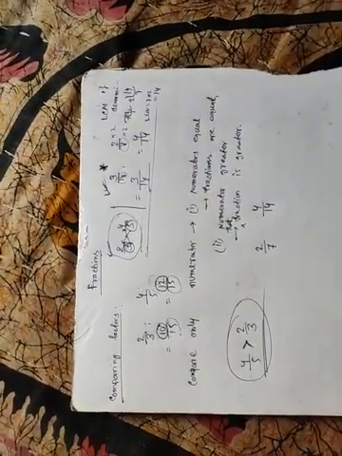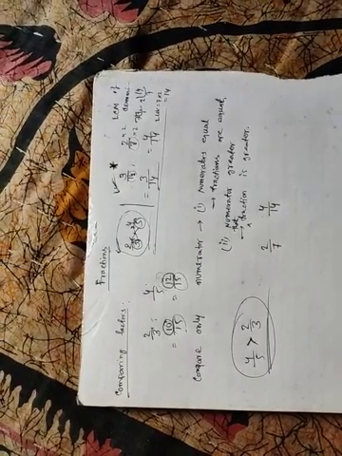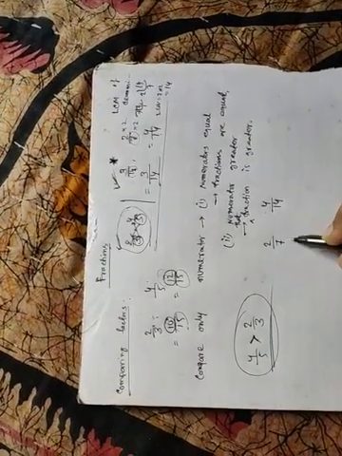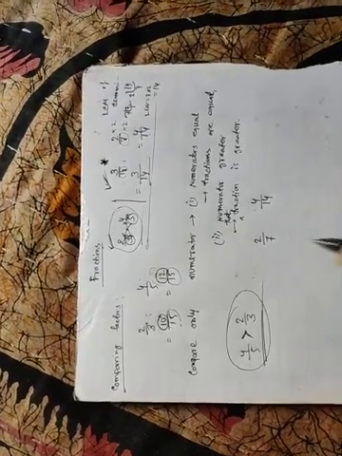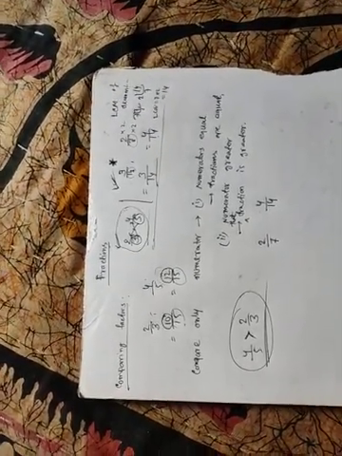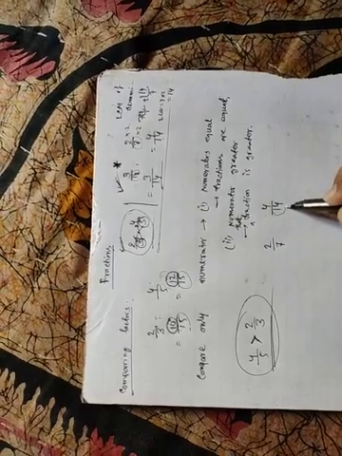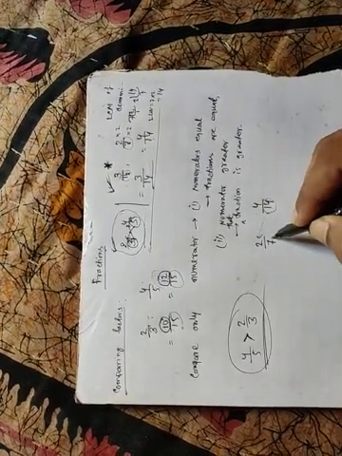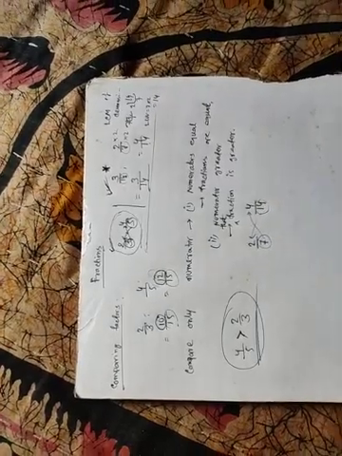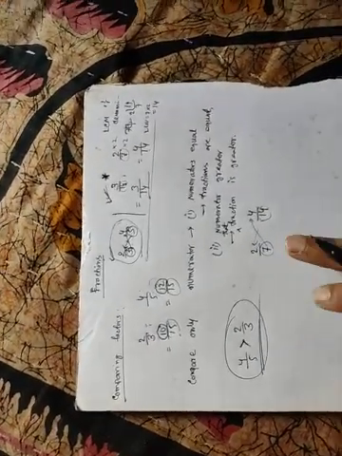You can do it, no problem, but it is not needed. You can get the answer without multiplying the denominators. So multiply the denominator of one fraction with the numerator of the other fraction, and similarly for the other.